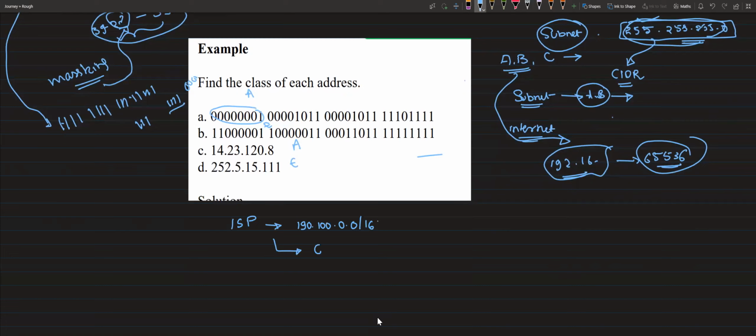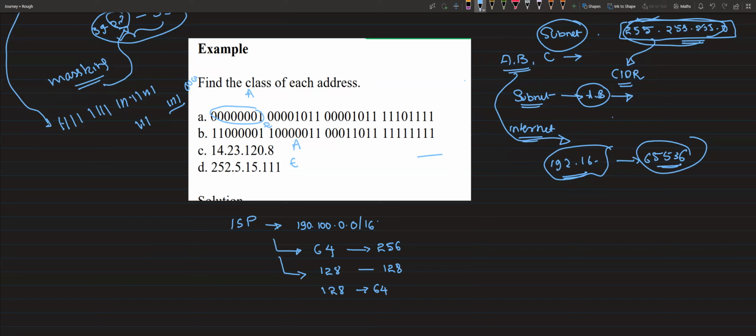The first group has 64 customers, and each customer needs 256 addresses. The second group has 128 customers, and each customer needs 128 addresses. The third group again has 128 customers, and each needs 64 addresses. We have to design the sub-blocks and find how many addresses are still available after allocation.